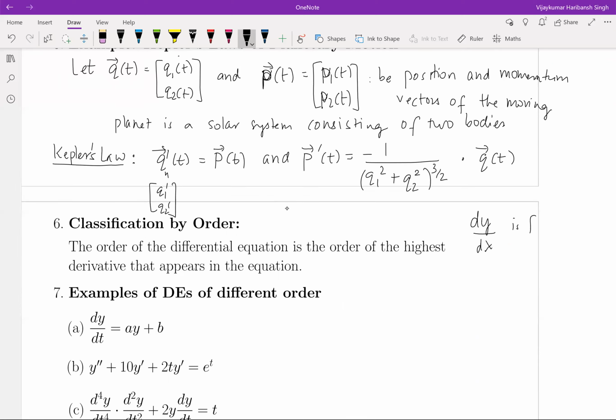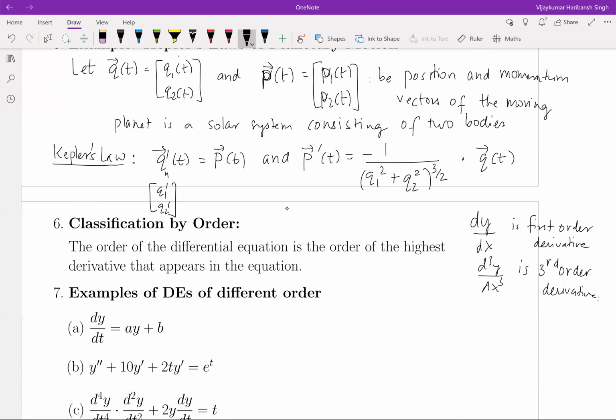The first order derivative. d cube y by dx cube is a third order derivative. Now the order should make sense. The order of a differential equation is the order of the highest derivative that appears in the equation.